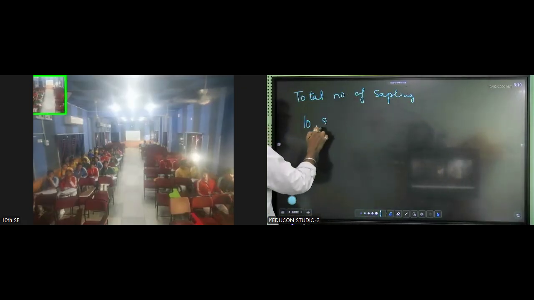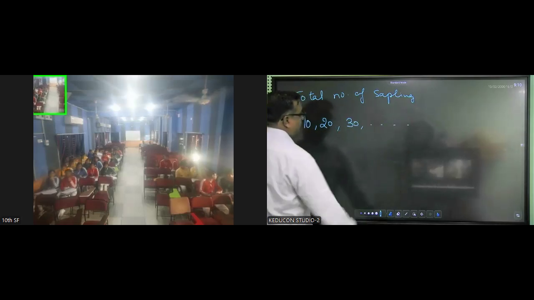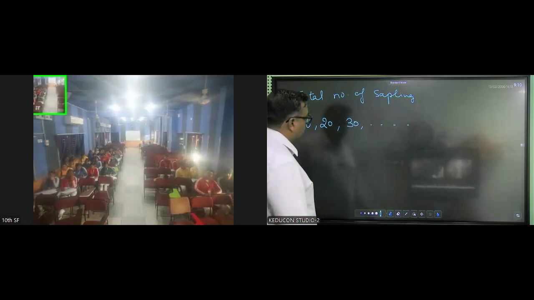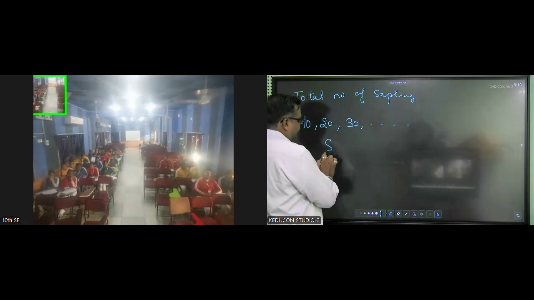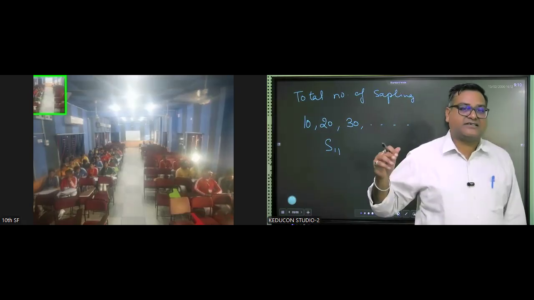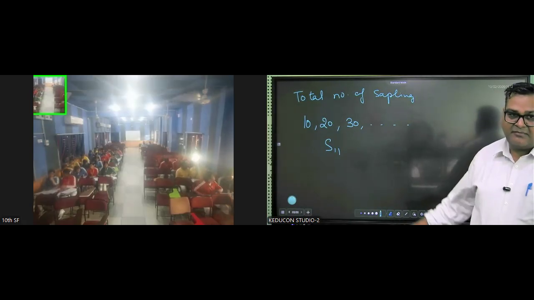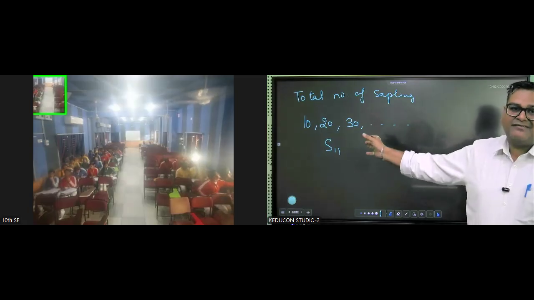How many plants in the second? 20. How many plants in the third? Third is 30. And so on. It is increasing, right? So what we have to find? Total saplings till 11th, means the sum of the first 11 spirals, number of saplings in the first 11 spirals.